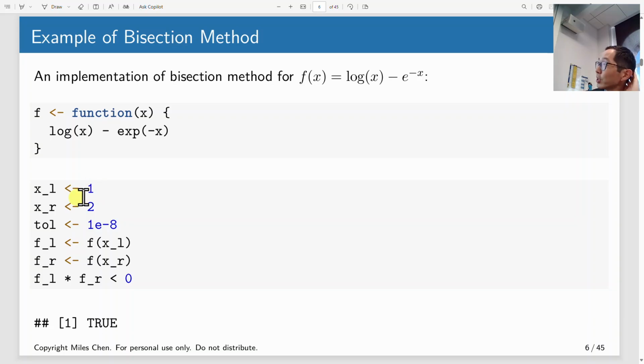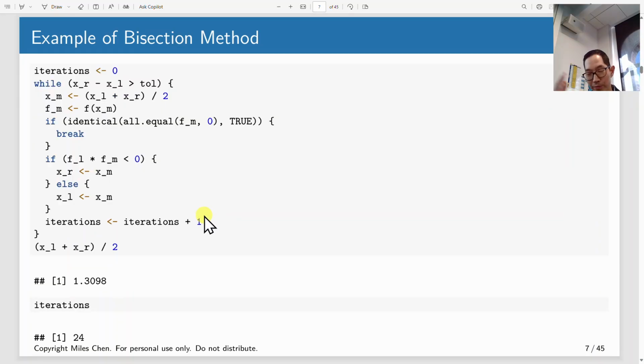But here I'm just going to bracket it off and start off at 1 and 2, and we'll see how it finds the root. And so, without any pictures, we can just let this while loop run, and it finds the root at 1.3098 after 24 iterations. And even though it looks like there's several lines of code, it's actually very, very simple.